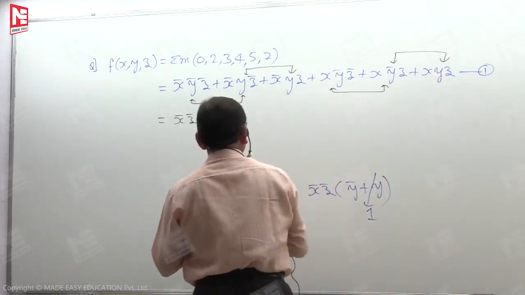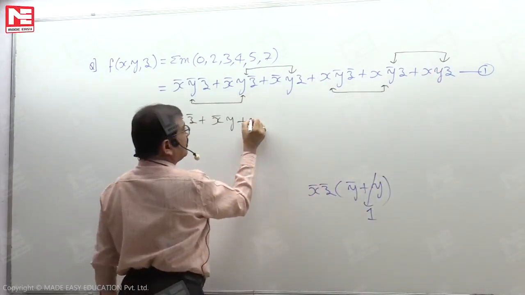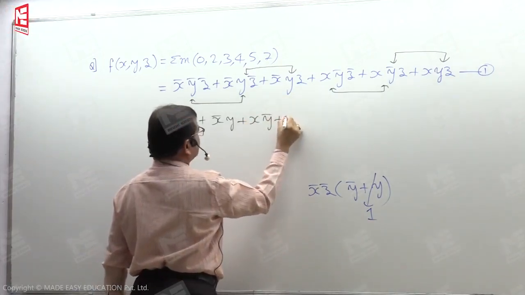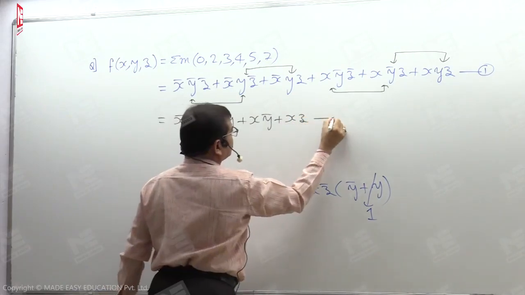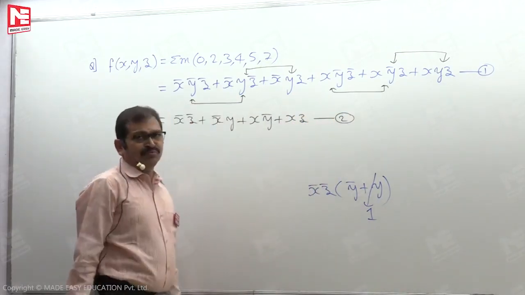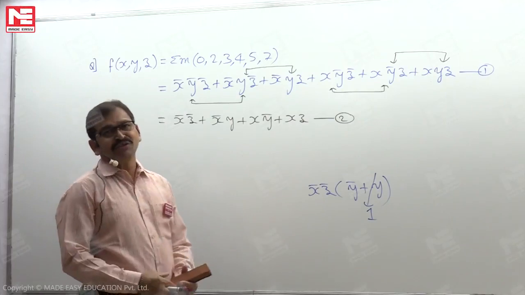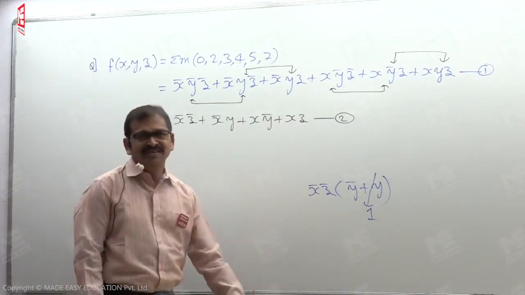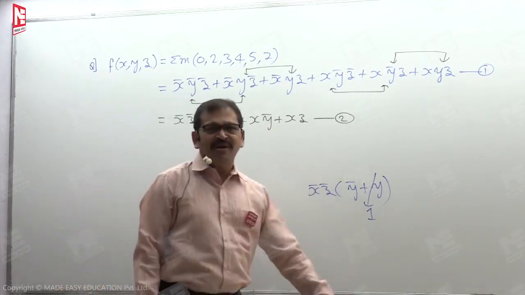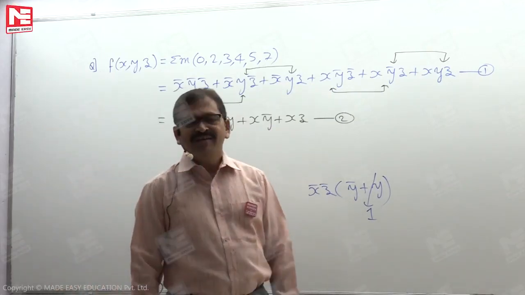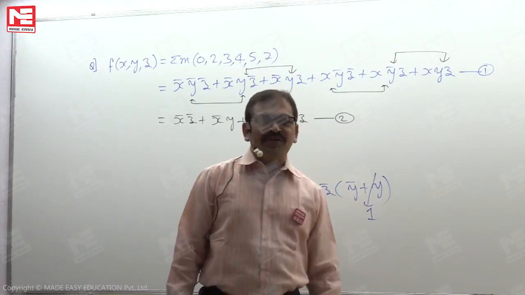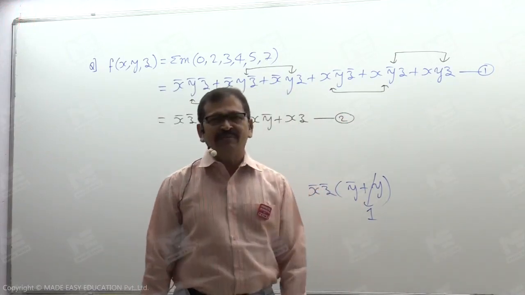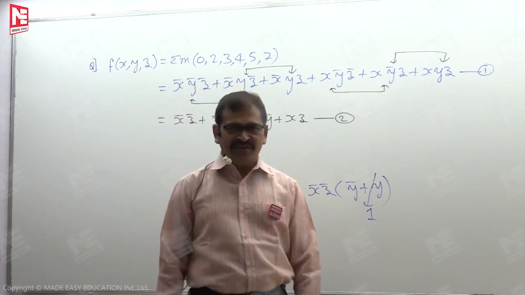While grouping the fourth and fifth, it is X, Y complement. From the last two products, it is XZ. Let us name this equation 2. We see this equation 2 has a lesser number of terms compared to equation 1. Since it has fewer terms than equation 1, we can say it is one of the possible simplified forms for the given function f.